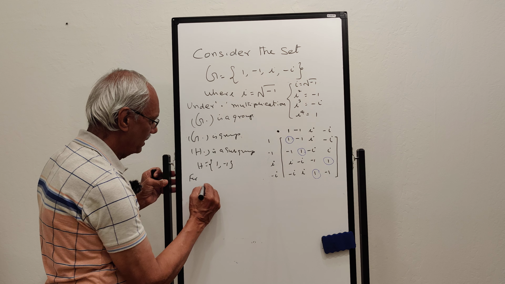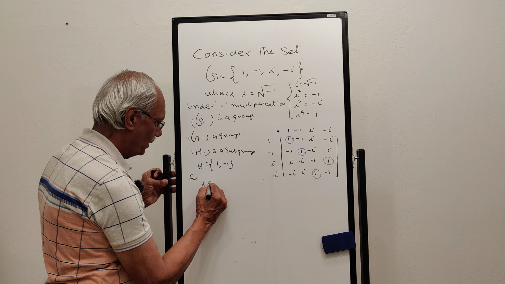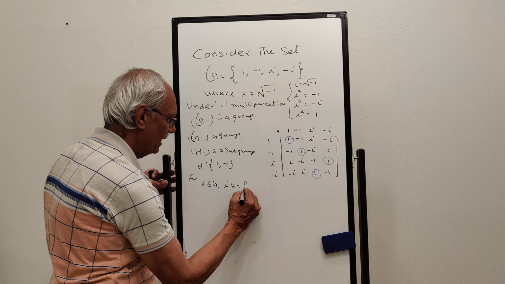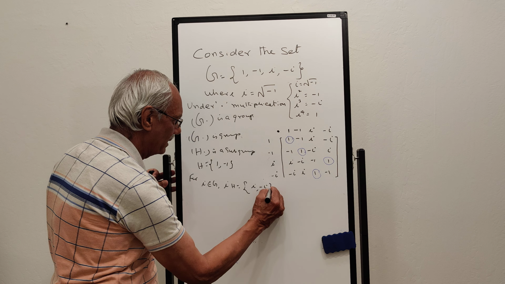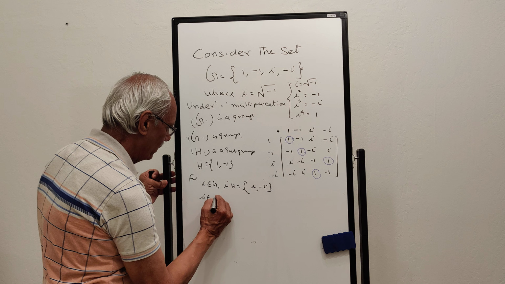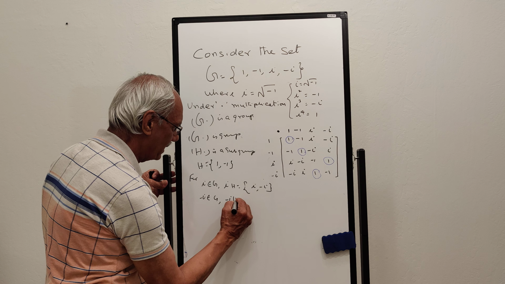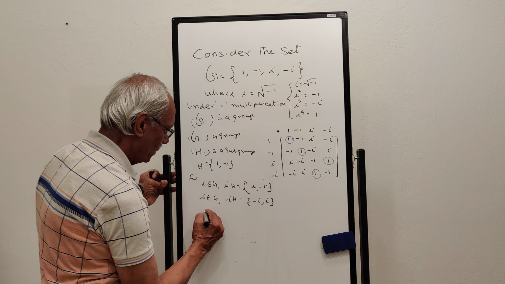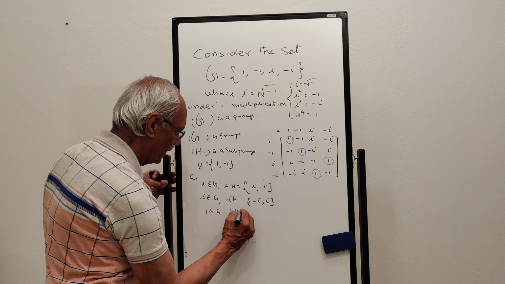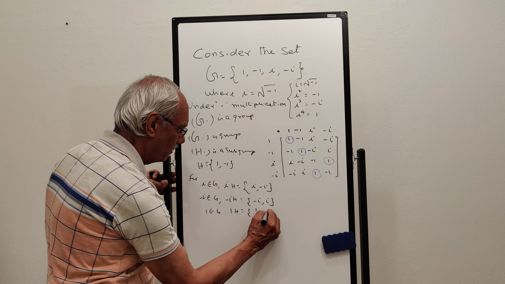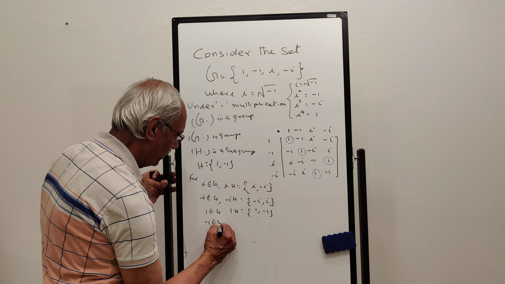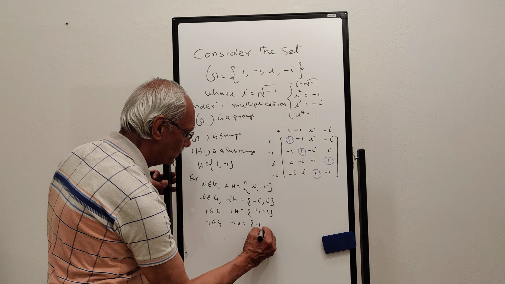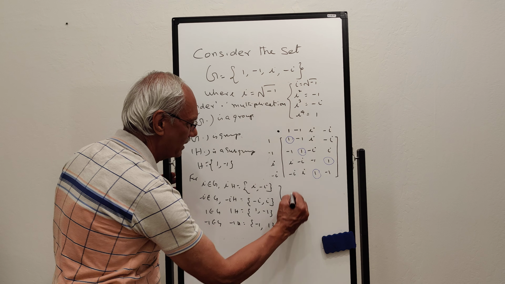Now, for I belonging to G, IH is the left coset, that is equal to I into H. Minus I belongs to G, minus I into H will be equal to minus I, plus I. 1 belongs to G, therefore 1 into H is equal to 1, minus 1. Minus 1 belongs to G, therefore minus 1 into H is equal to minus 1, plus 1. 4 cosets, 4 left cosets.